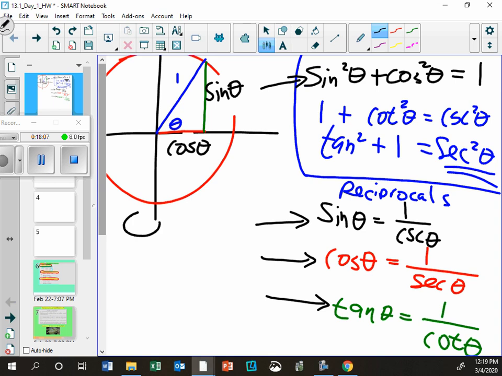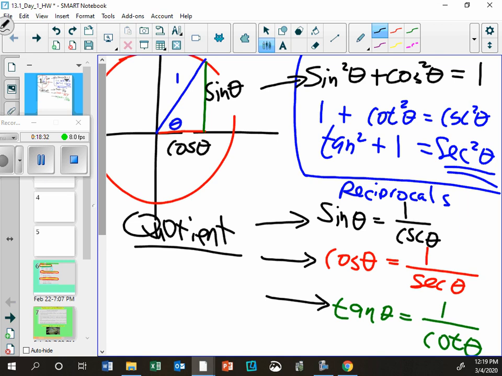And these are called the quotients. What does quotient mean, by the way? Divide. Just like product means multiply, just like difference means subtract, and sum means add. Okay, good.